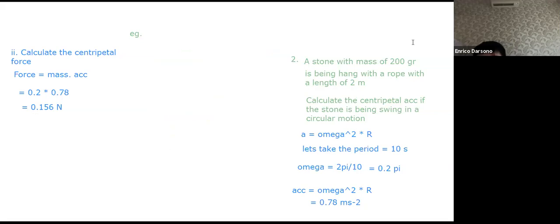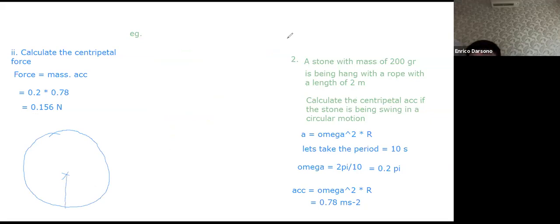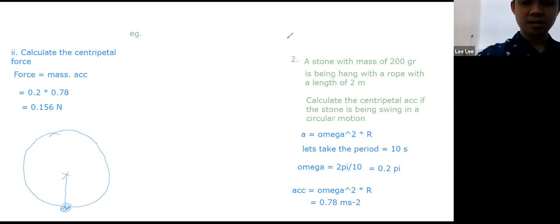Now, what you have to understand is, if you really do these things here, the centripetal force is the resultant force. So let's say the question continues again.